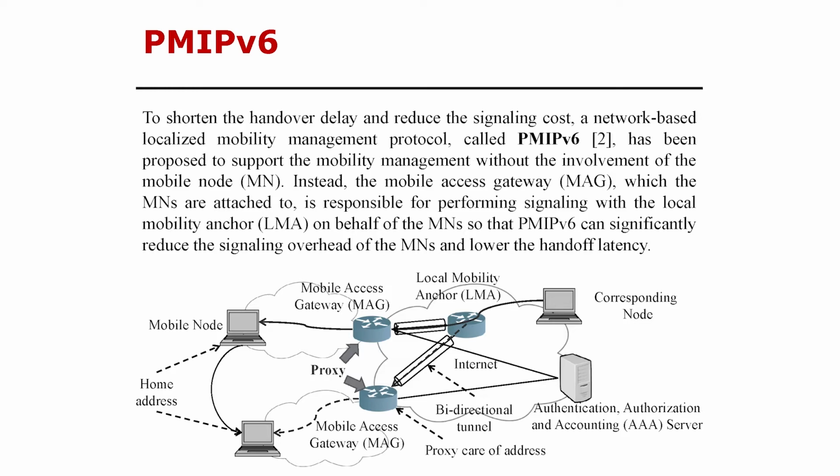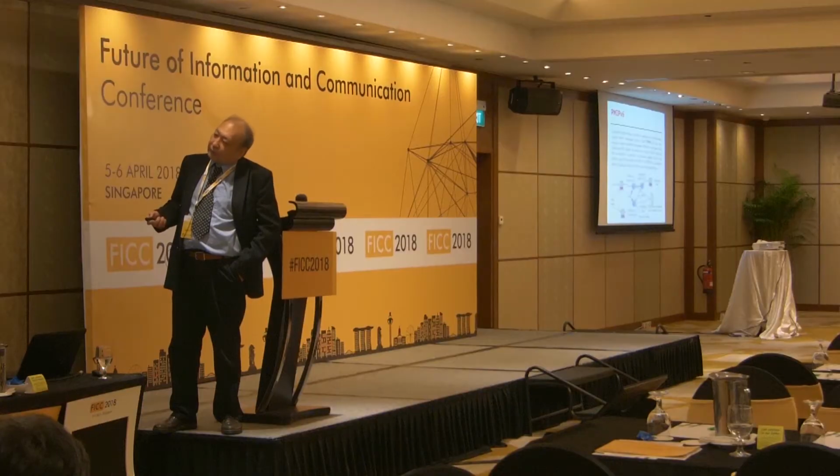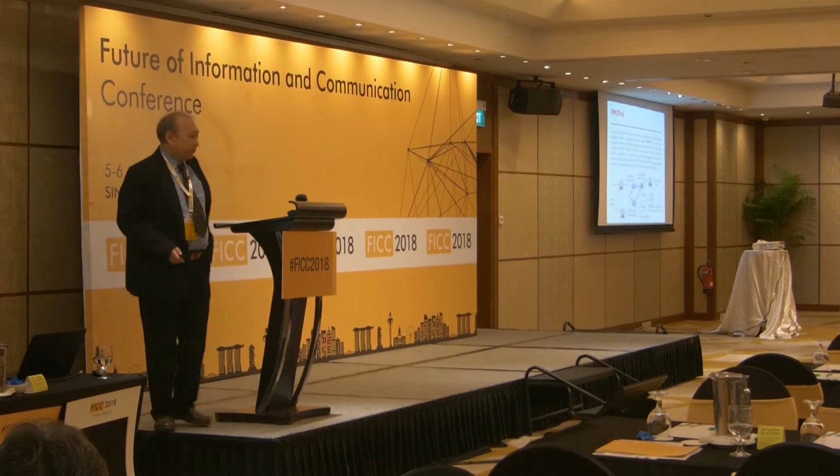So any mobile node that moves from one network to the other will go through the control of a mobile access gateway, let's call it a MAG, and then move to the other network, and the IP service will still be there.